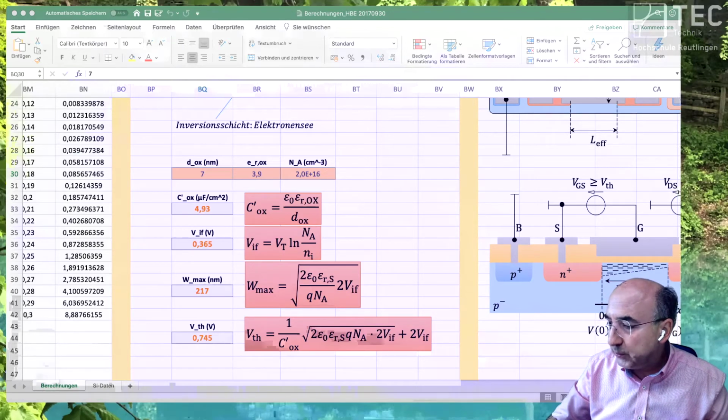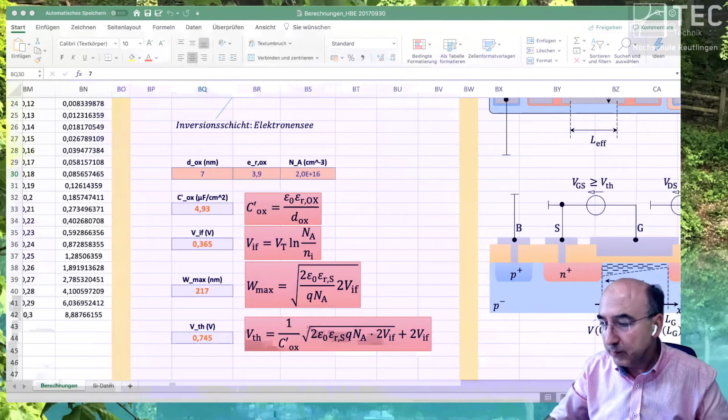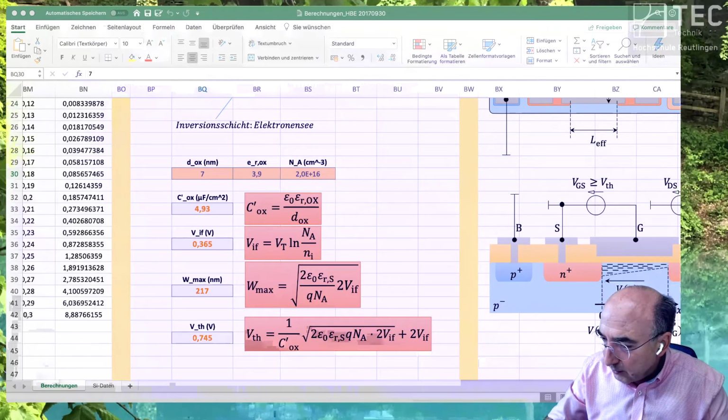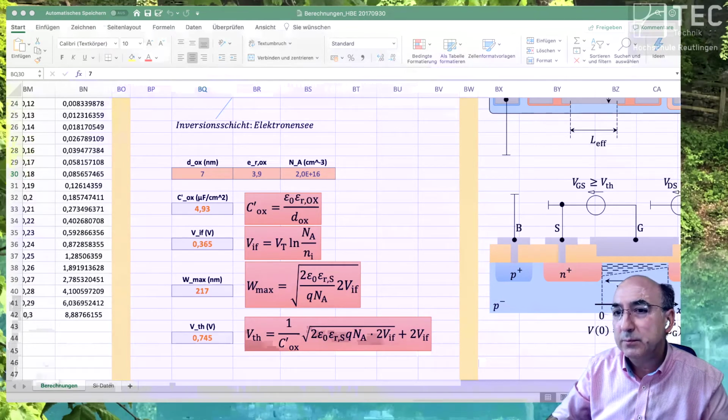I said that the doping level is 2 times 10 to the power of 16, like for our diode. Then, as a resulting value, we have 5 microfarad per square centimeter, quite low value.